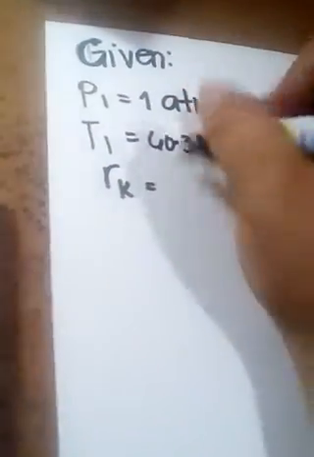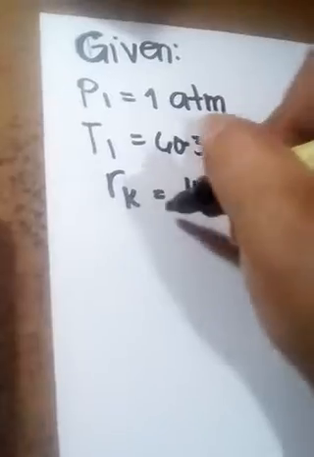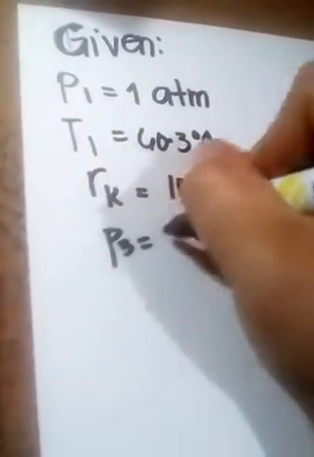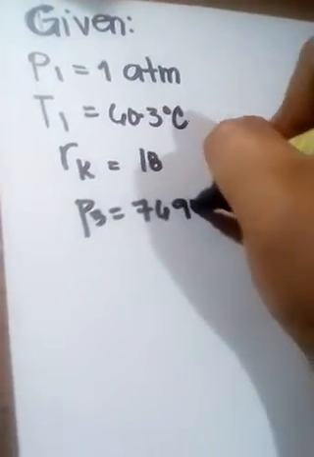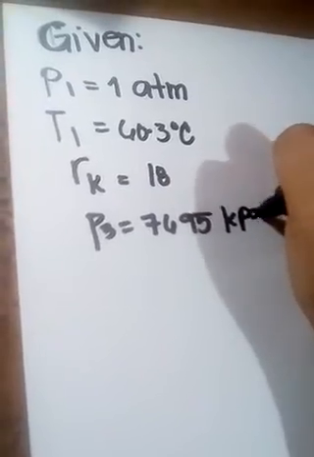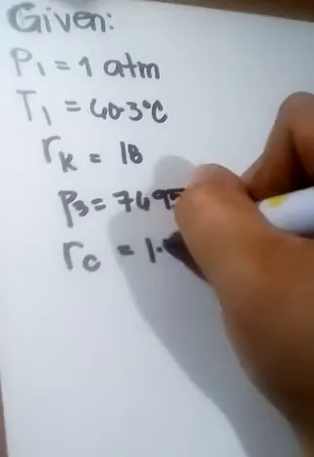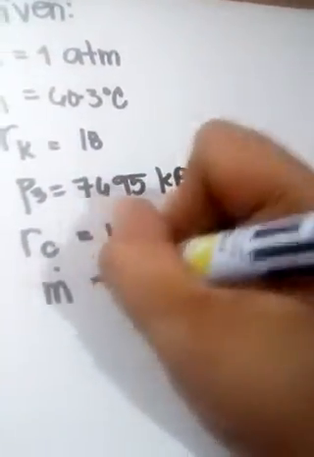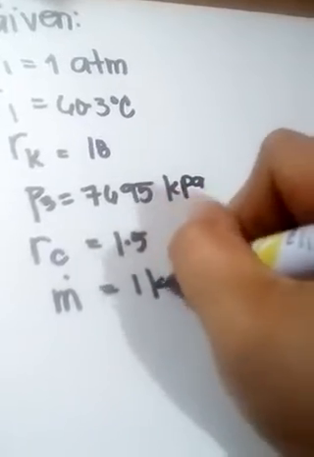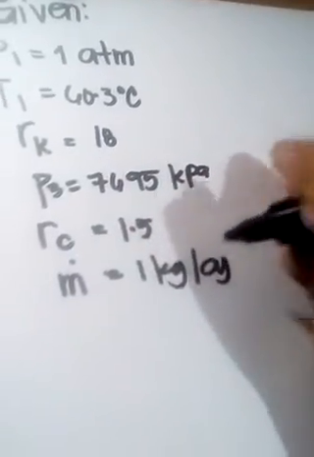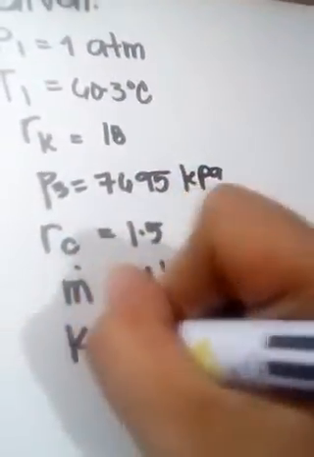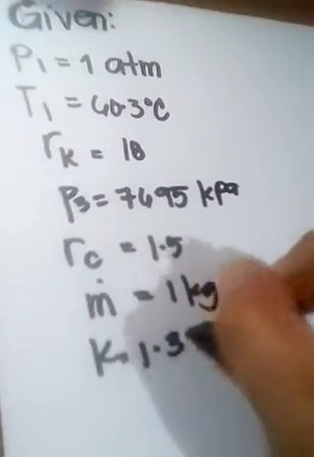We have the RK, which is 18. We have P3, which is 7,695 kilopascal. We have RC, or the cut-off ratio, which is 1.5. We have the mass rate, which is 1 kilogram per cycle. We have K, which is 1.31.